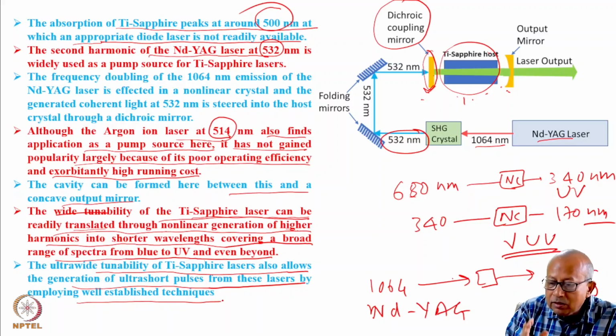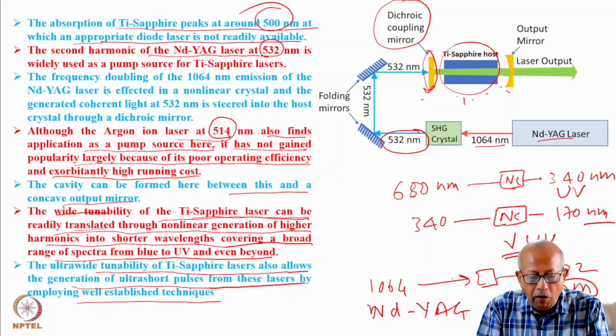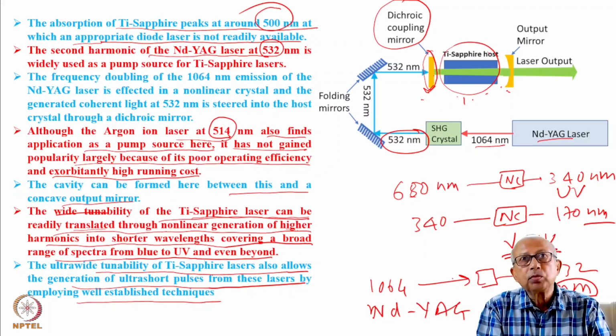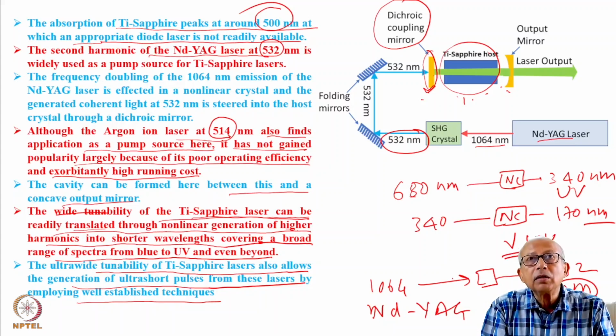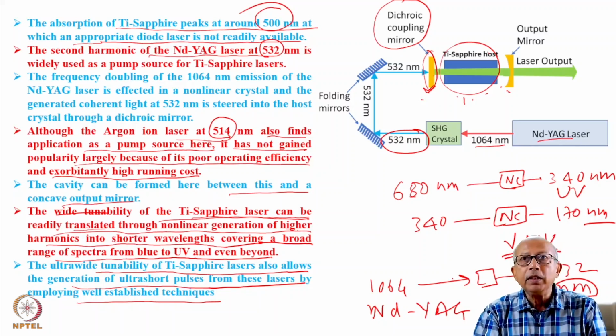But this brings an end to our course on operation of solid state lasers, both those that give coherent light at discrete wavelengths as well as coherent light at continuously tunable wavelengths. All right, let me end here today.